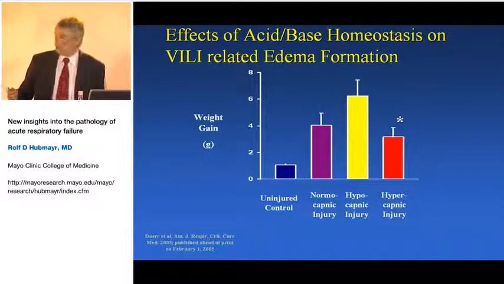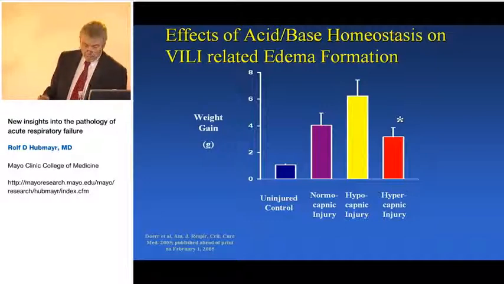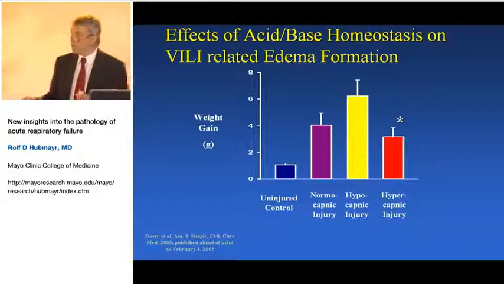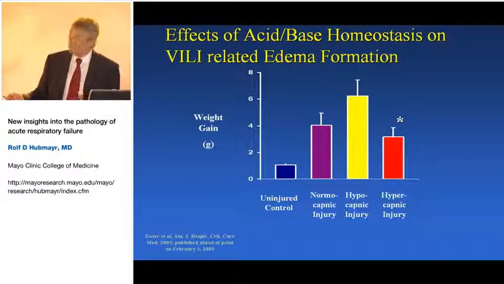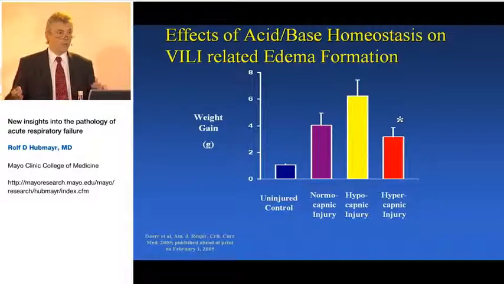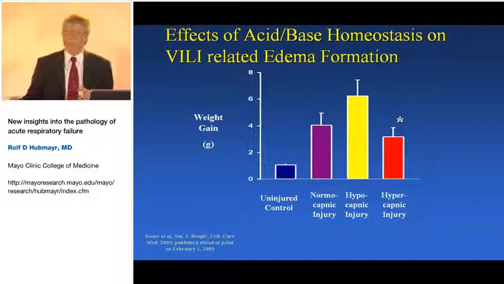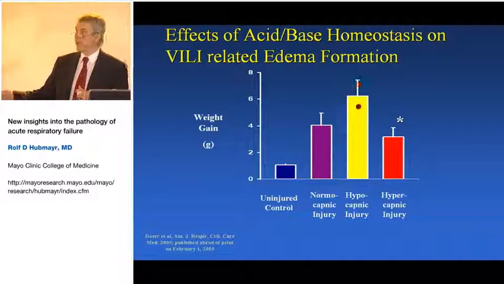When you ask that question in a whole lung, in the isolated perfused lung preparation, then you confirm the observation from Cavanaugh's laboratory that, in fact, normocapnic injury tends to cause more edema, here simply measured as weight gain, than hypercapnic injury.